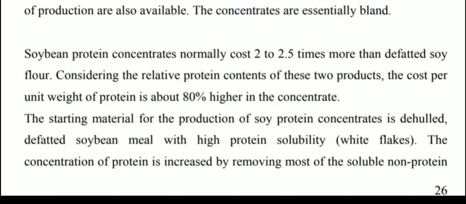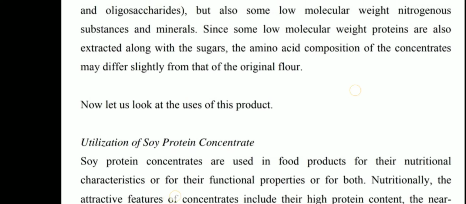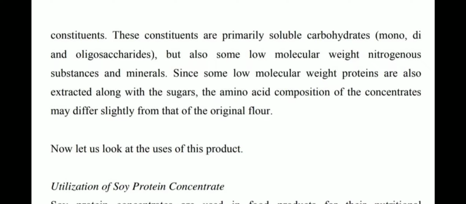The starting material for the production of soy protein concentrate is, as we know, dehulled soybean meal with high protein solubility. The concentration of protein is increased by removing most of the soluble non-protein constituents.